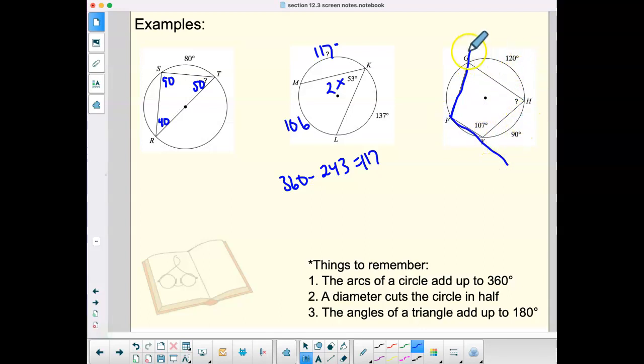It intercepts 120 and 90, which if I add those together is 210. So this is an inscribed angle with a 210 degree arc. So if I divide that by 2, I get 105. And then my angle is opposite that, so it has to add up to 180. So if I do 180 minus 105, I get 75. So therefore that angle would be 75 degrees.